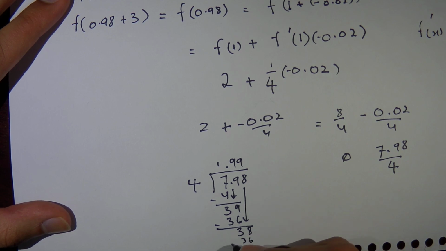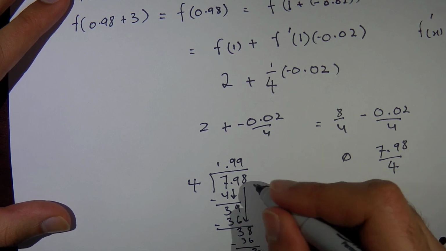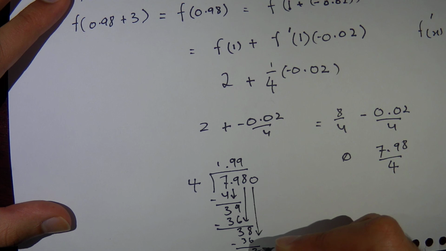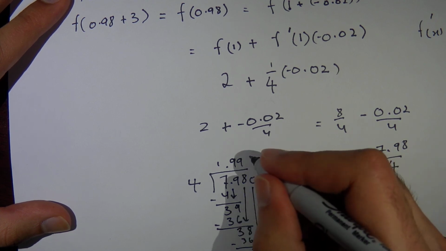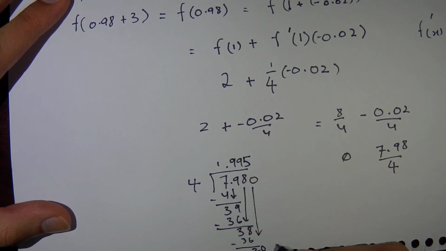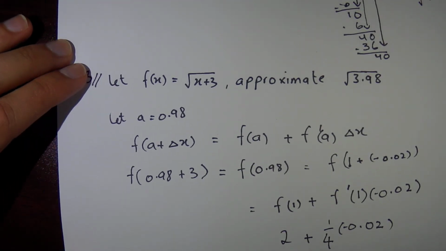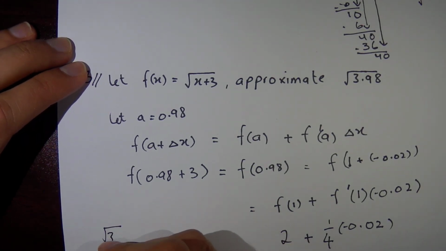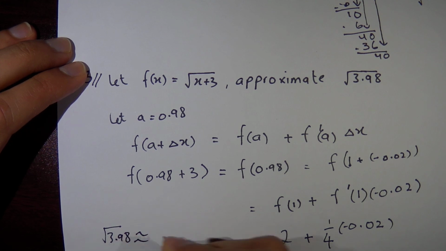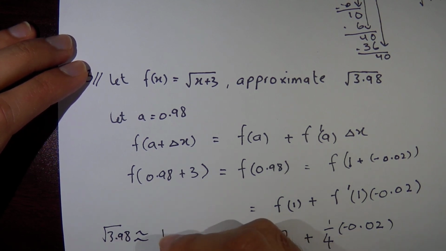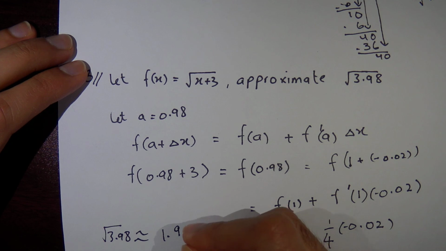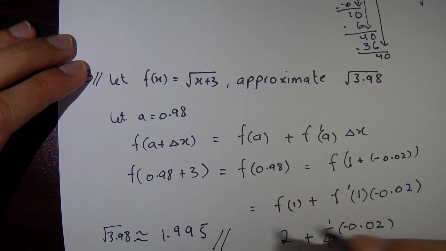We get a remainder of 2, running out of room there. Carry a 0 down. 4 goes into 20 5 times, and we get a remainder of 0. So the approximation of the square root of 3.98 is equal to 1.995 through differentials.